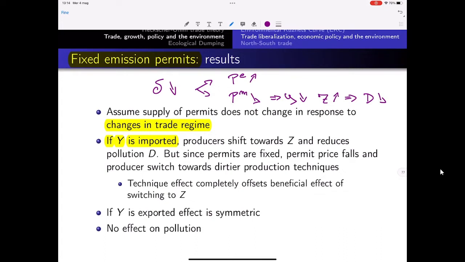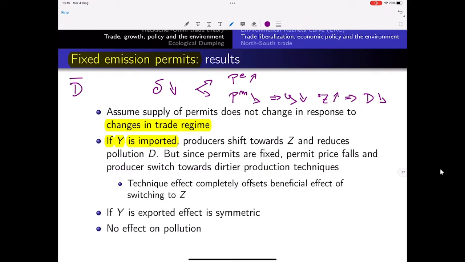Okay? But permits here are fixed. So the overall level of emissions is fixed. Let's say the upper bar. This means that now you have an excess supply of permits.